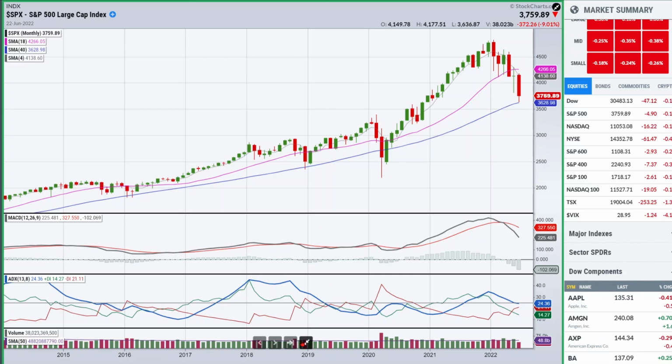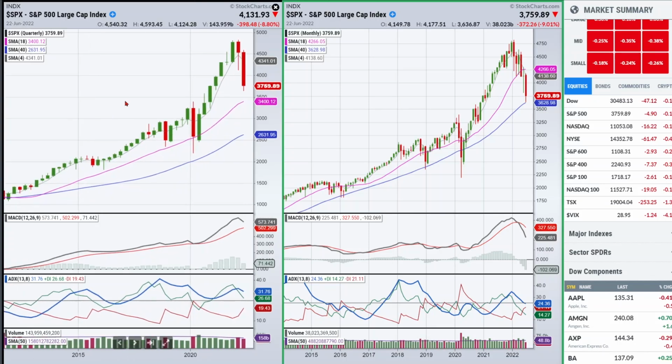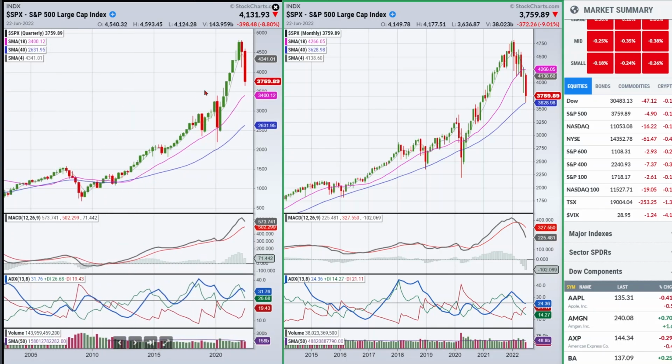So what I'm doing now is I've got the monthly chart on the right and the quarterly chart on the left, going back several years. I wanted to show where in 2020, when we went slicing through this 18 and even slicing through this 40, notice how we found support at these rising moving averages.